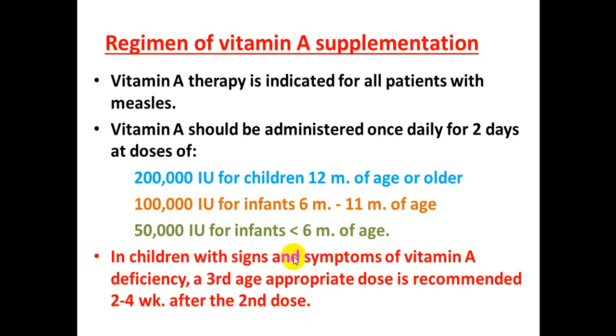In children with the signs and symptoms of vitamin A deficiency, a third age-appropriate dose is recommended 2 to 4 weeks after the second dose.